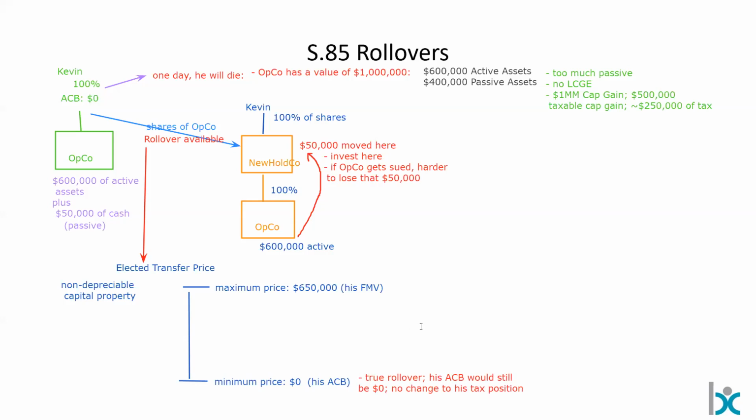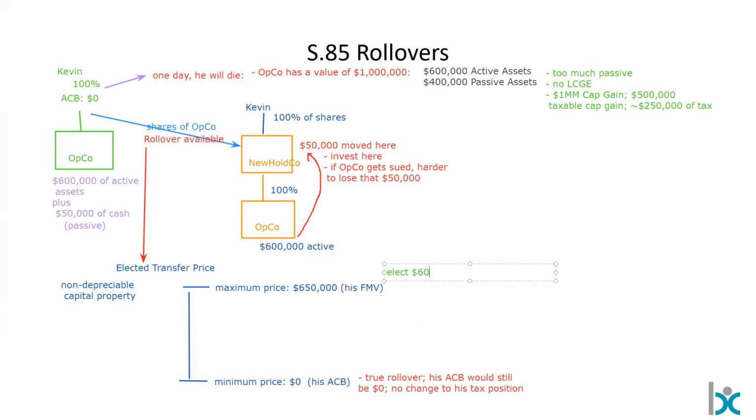Is that what I'm trying to do here? No, we don't want to use that rollover. We want to get away from the rollover. Instead, we're going to elect the higher transfer price.